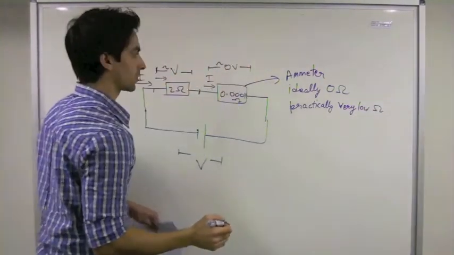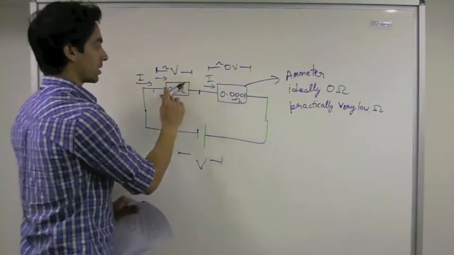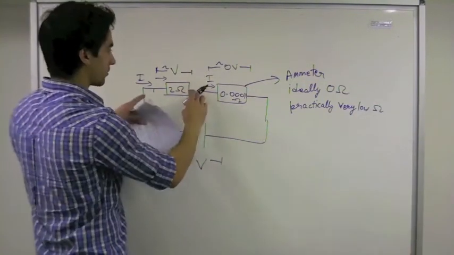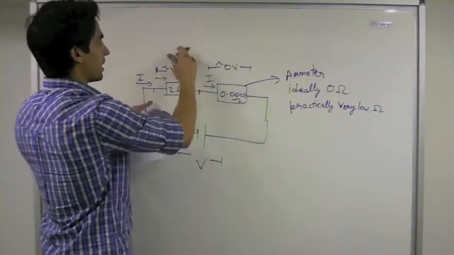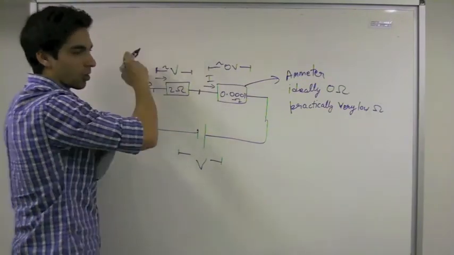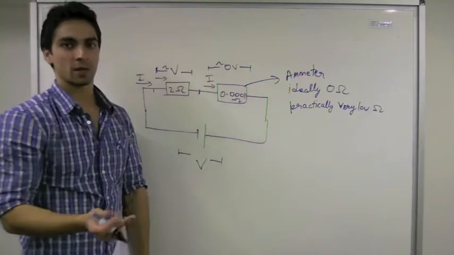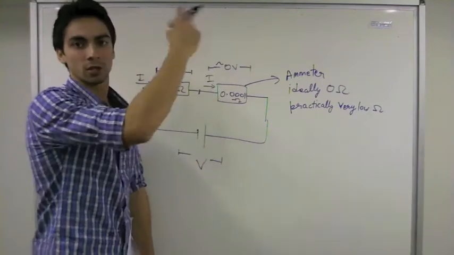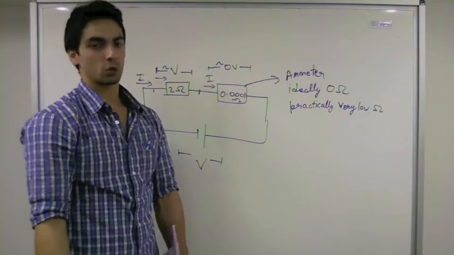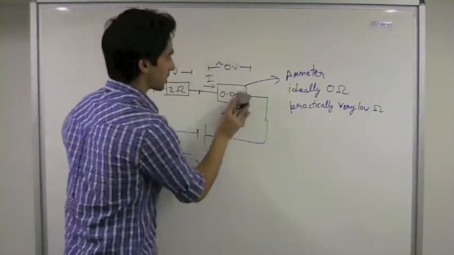Remember that an ammeter is always connected in series, because if you connect an ammeter in parallel, when the current has a choice to flow either through 2 ohms or through almost 0 ohms, the current would obviously flow all through 0 ohms, and that would mean a short circuit. You would have all the current flowing through the ammeter. You don't want that to happen either. So ammeters are always connected in series.